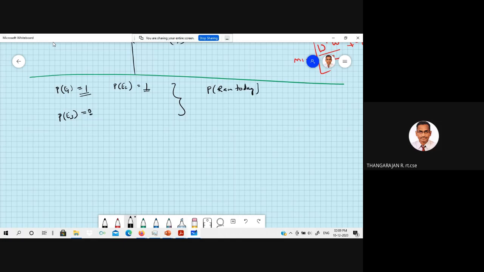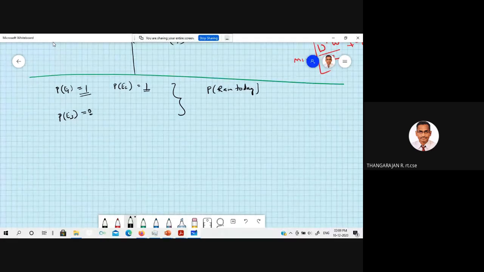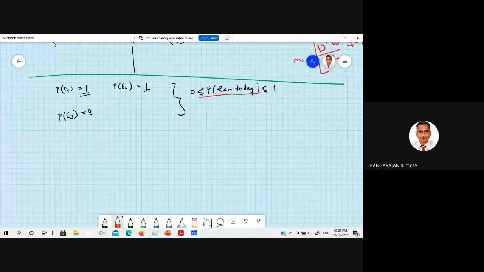You cannot say it is definitely 1. Definitely you cannot say the rain will occur. Definitely you cannot say the rain will not occur. But that value will be some value between 0 and 1. So the probability that it will rain today will be a value between 0 and 1, inclusive of 0 and 1.